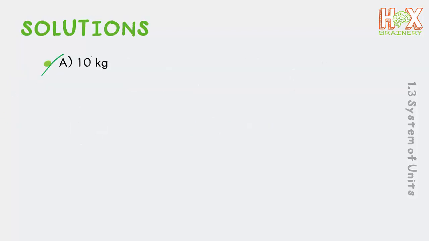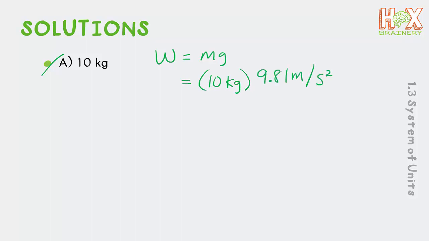All right, so for part A, I have 10 kilograms. So I want to know what's the weight. So this is going to be the mass times g, so 10 kilograms times 9.81 meters per second squared. And so I'm going to take these constants and multiply them together to get 98.1. And then I have kilograms times meters over seconds squared.